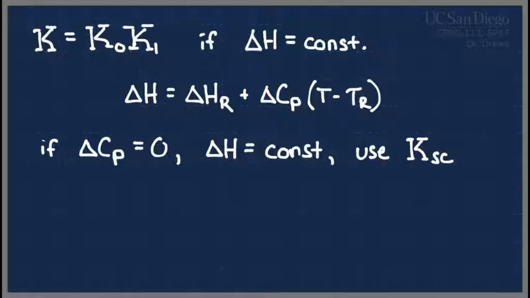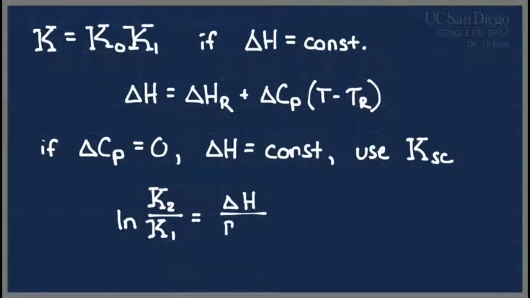What does that look like in practice? Most of the time it would look like I give you a K at some temperature, and I give you, for example, an enthalpy of reaction, and we use this form of the shortcut. So log K2 over K1 is equal to delta H over R times 1 over T1 minus 1 over T2.